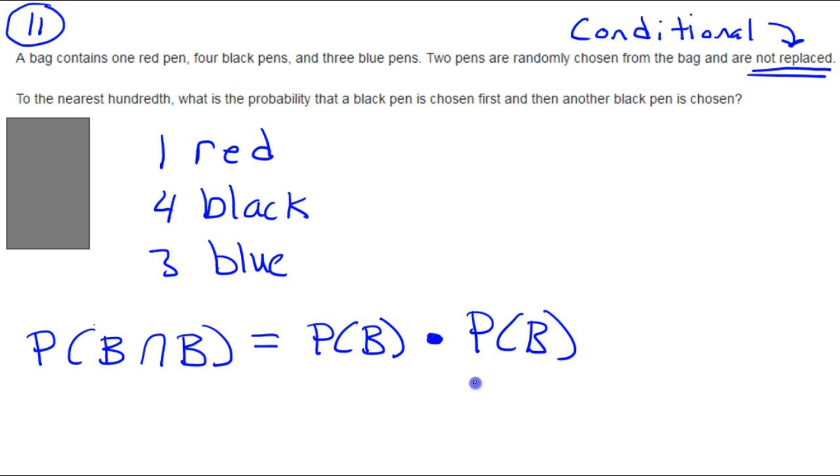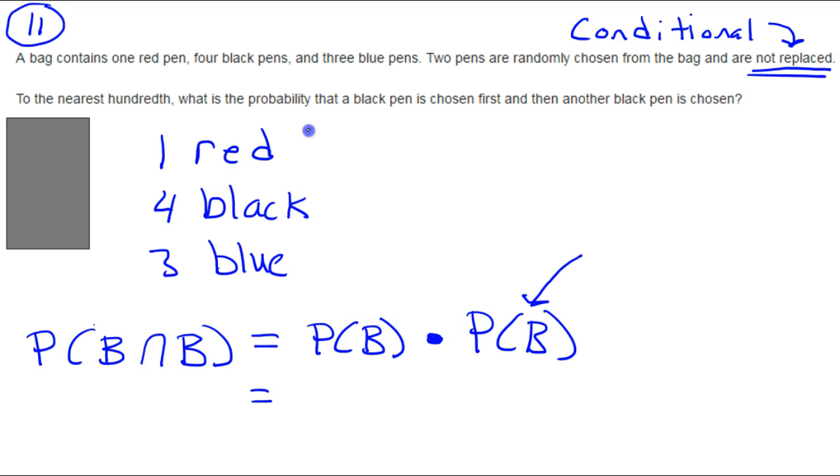That's what it would normally be. But because we are not replacing the pens, when we do the second one, we have to be very careful because the numbers are going to change. Okay, so let's go through it.